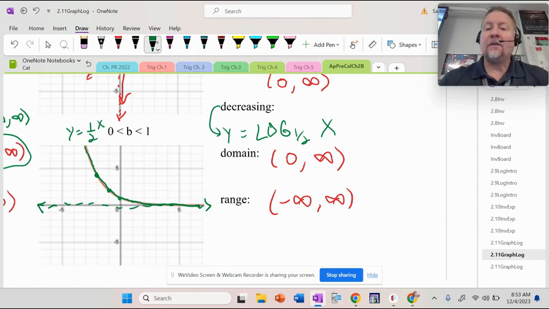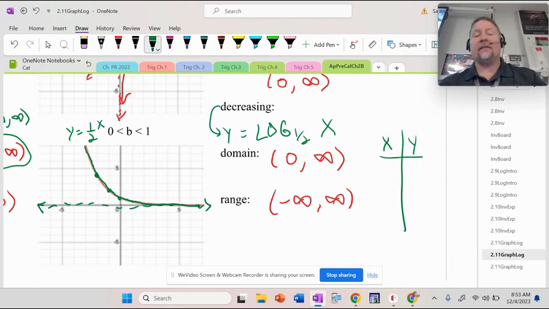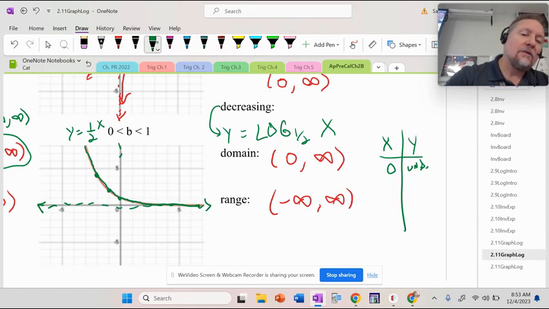But I can plug in points. The ones you have to plug in, you've got to think fractionally. First of all, still 0. 1/2 to what power is 0? What's the answer to that? Not possible. That's why we have a vertical asymptote. All right.